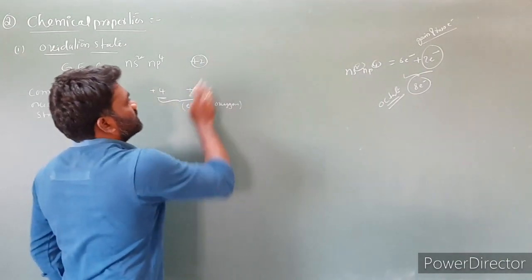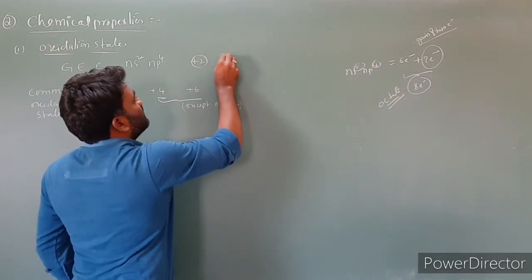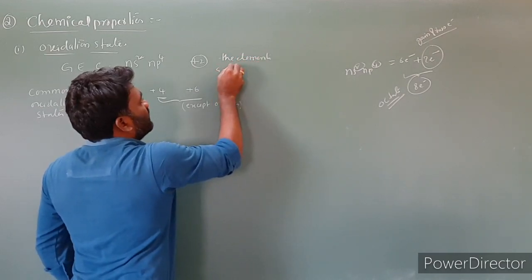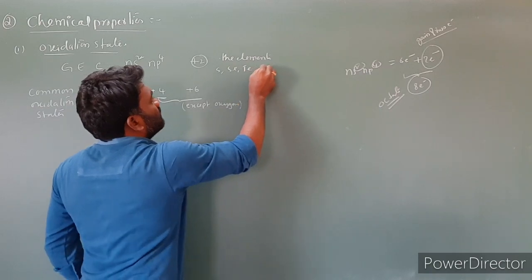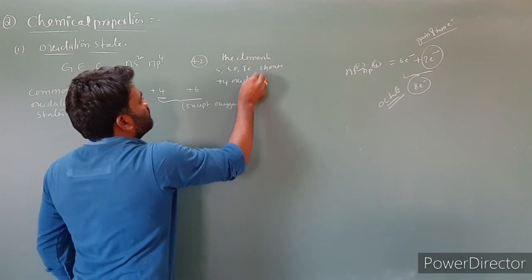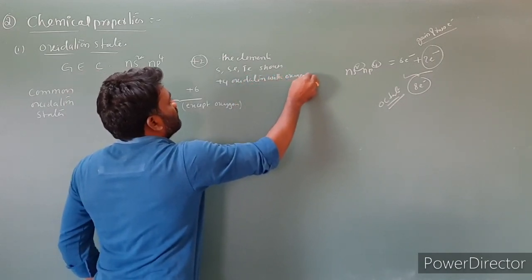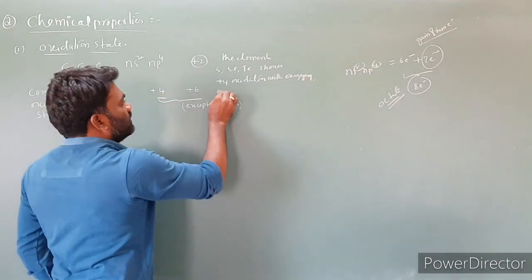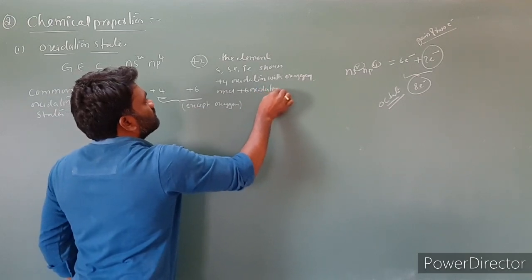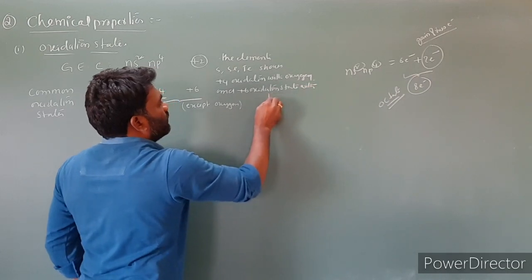So these elements, sulfur, selenium and tellurium, show the plus 4 oxidation state with oxygen and the plus 6 oxidation state with fluorine.